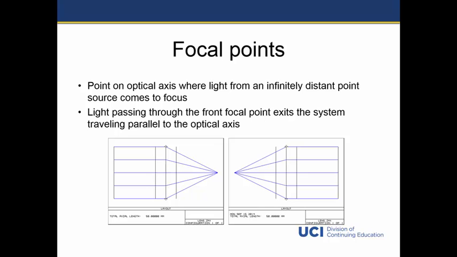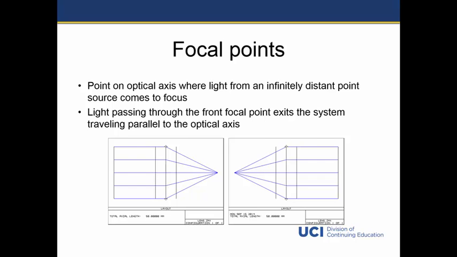If I have light that starts from the focal point, then it will exit the optical system traveling parallel to the optical axis. So in this case, I have collimated light coming in, converges to a point at the focus. Here I have a point source at the focus, and it diverges outward from that source location, and I have collimated light or parallel light in image space.